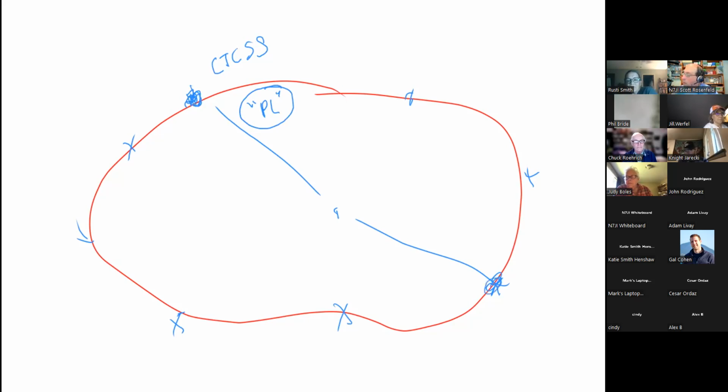So this one might be on 146.76 with a PL of 100.0, and this one is on 146.76 with a PL of 123.0. When you transmit a particular subtone frequency in hertz, it will only bring up the repeater that is listening on that particular tone.